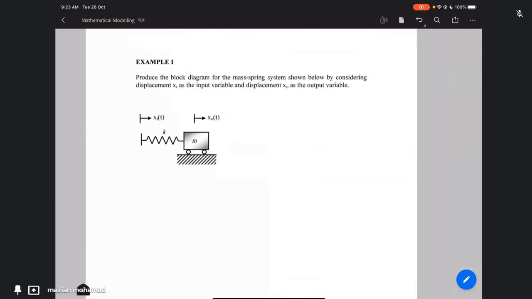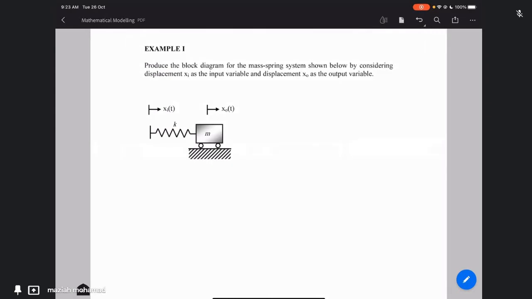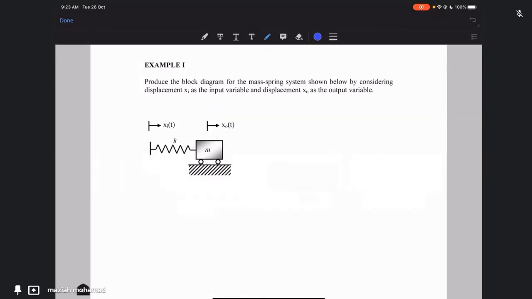Okay, let's do example number 1. In this example we have a combination of spring and mass. There is one spring attached to the mass here, and then the mass will displace.